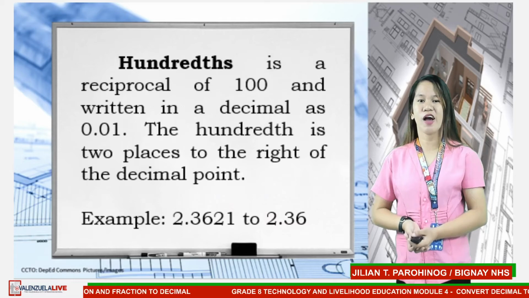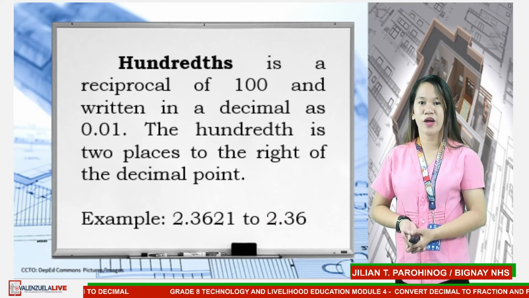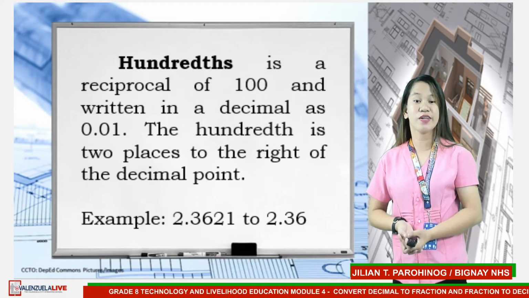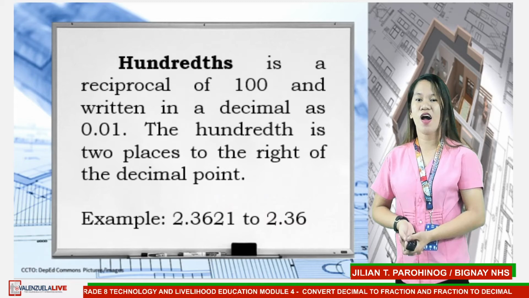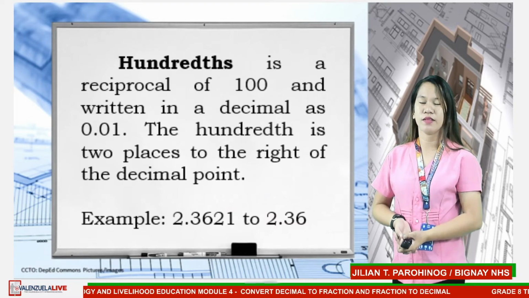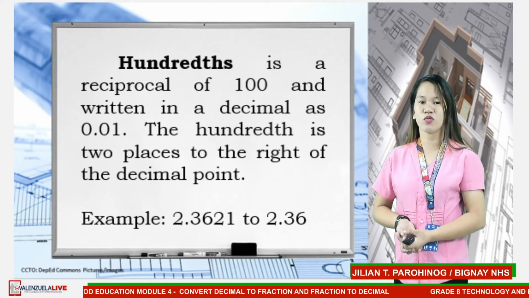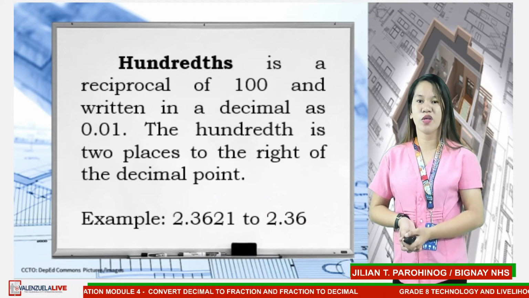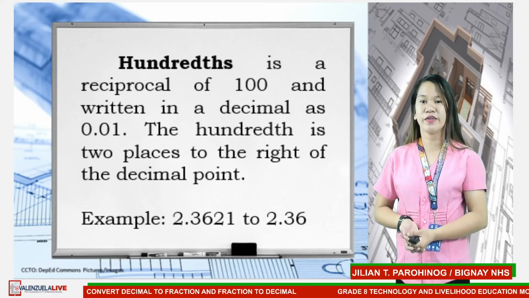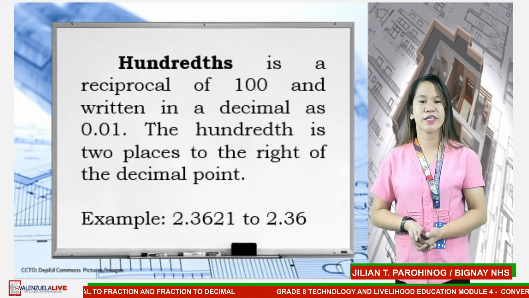As for hundredths, a hundredth is the reciprocal of 100 and written as a decimal fraction as 0.01. The hundredths digit is 2 places to the right of the decimal point. For example, we have 2.3621. Since we are going to round it to the nearest hundredth, that's why it becomes 2.36.